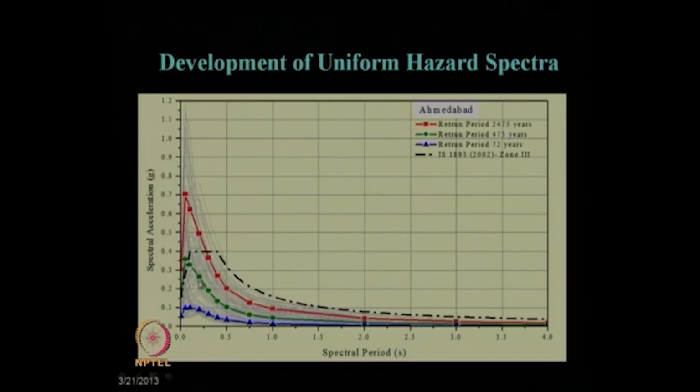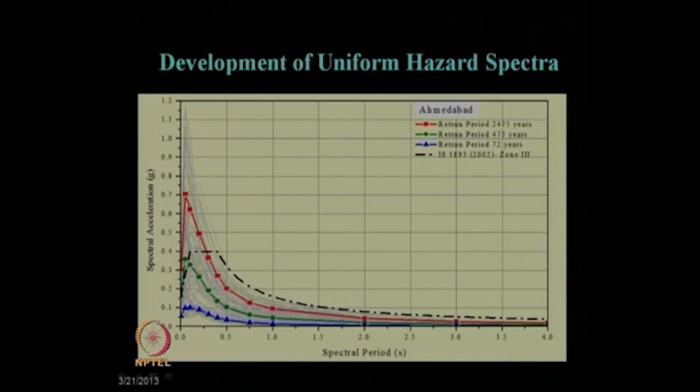So, am I clear now how the IS code proposed value has to be used very minutely and with complete knowledge of this hazard analysis, because many a times people tend to use the IS code recommended values blindly without knowing the inherent calculations of obtaining this hazard curve.